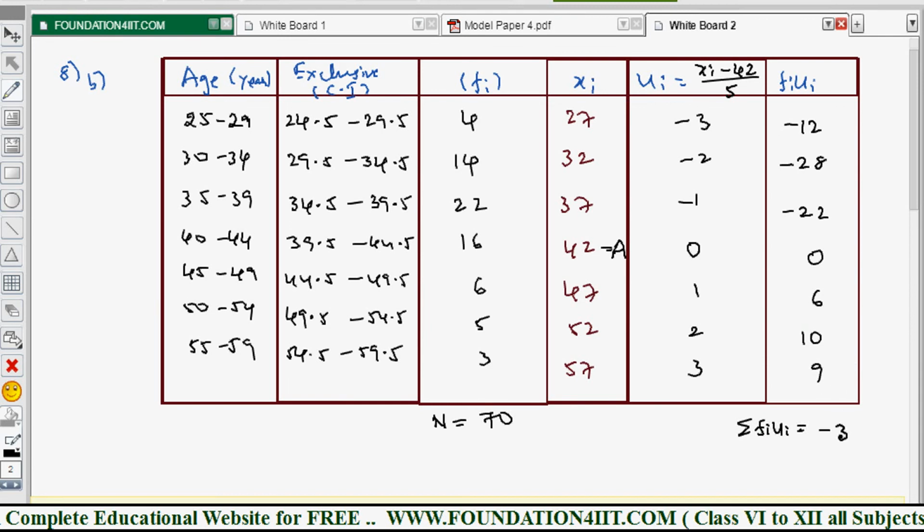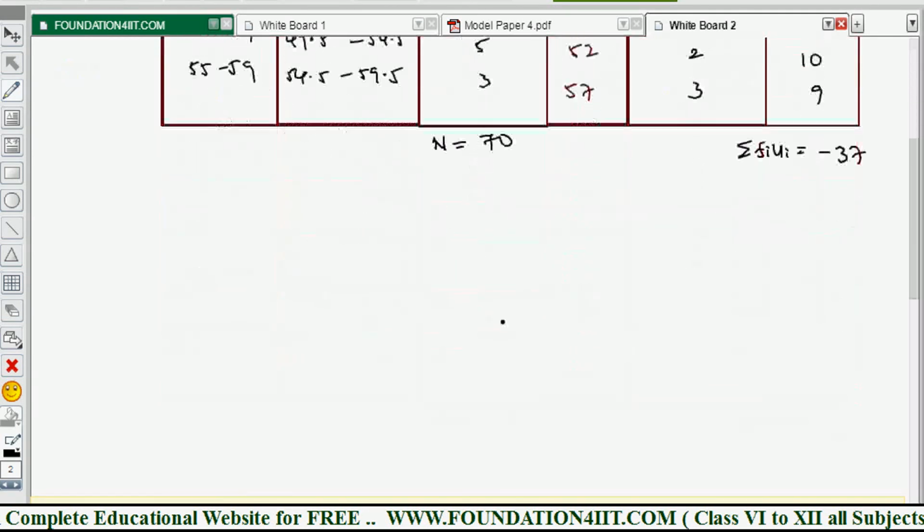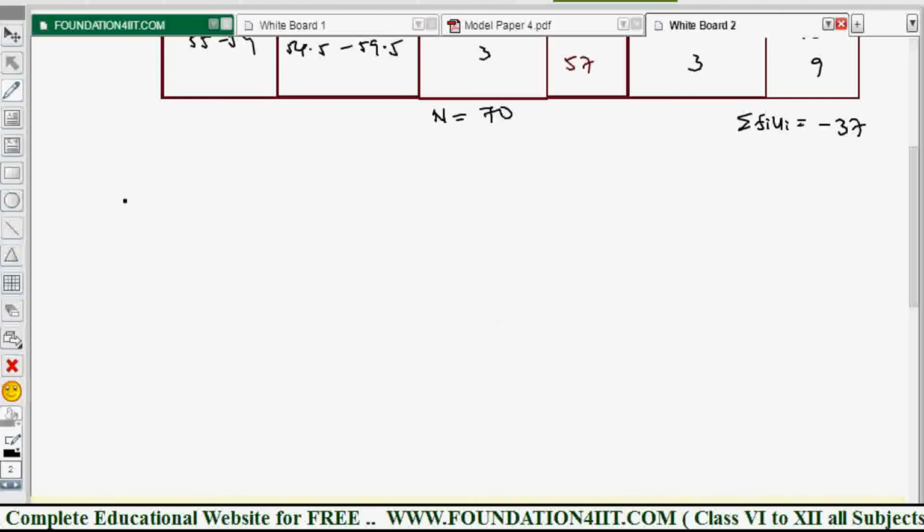So you get minus 37 as the total. So the assumed mean is 42, I have taken already. Just we'll use the formula. Then using the step deviation method, the mean.